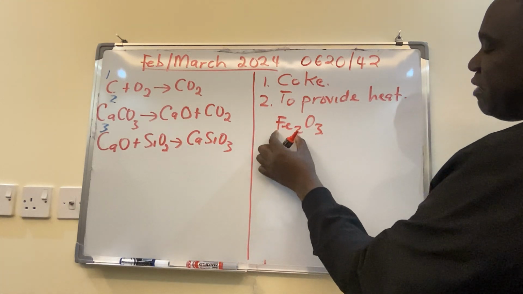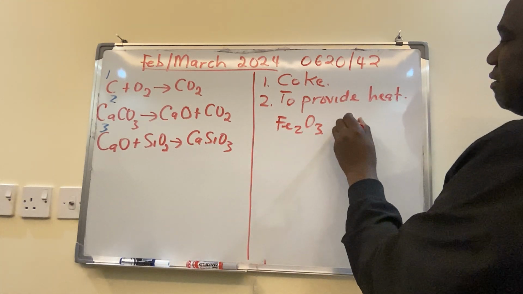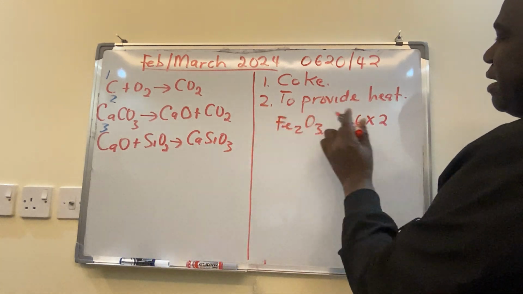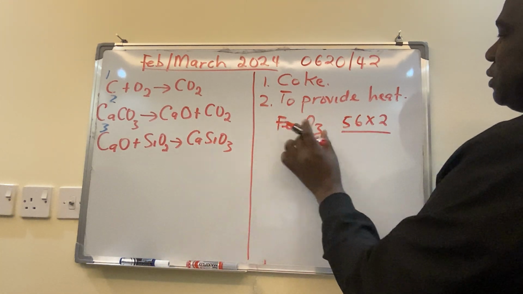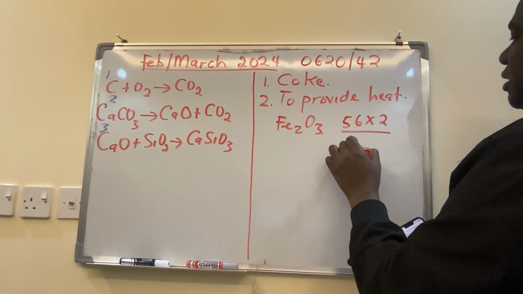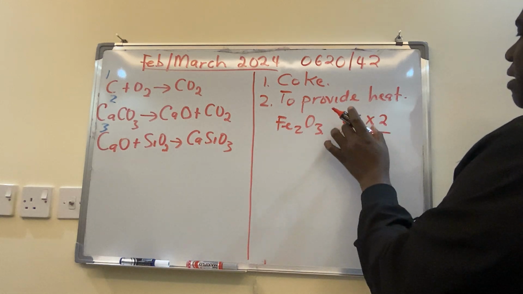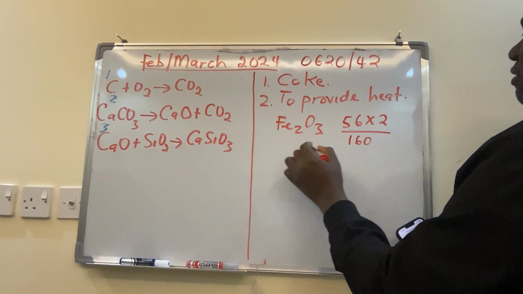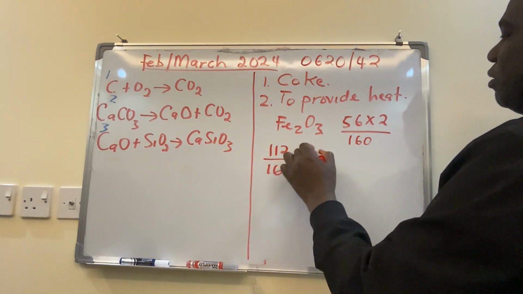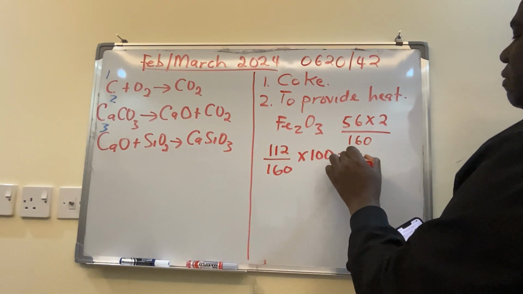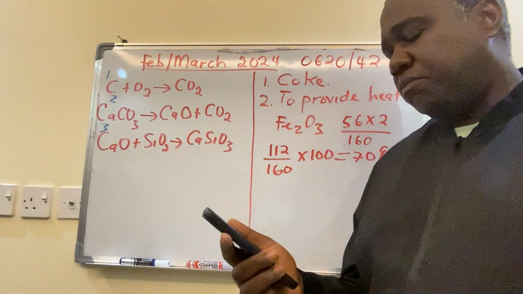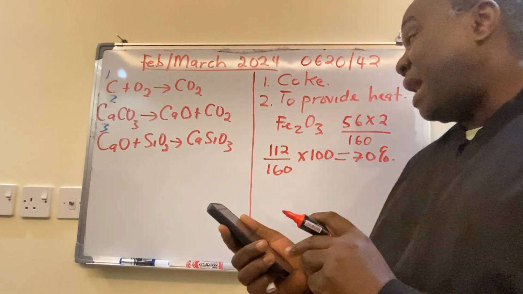There are 2 atoms of iron, so you say 56 multiplied by 2, over the total of the compound Fe2O3. The total is 160, and 56 times 2 is 112. So 112 over 160 multiplied by 100 gives 70%. That was the answer for part B.